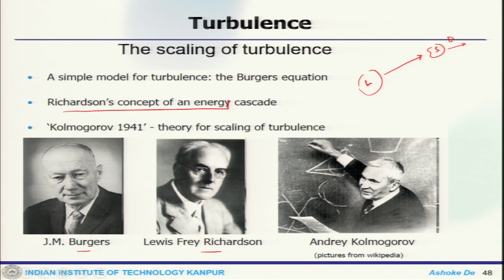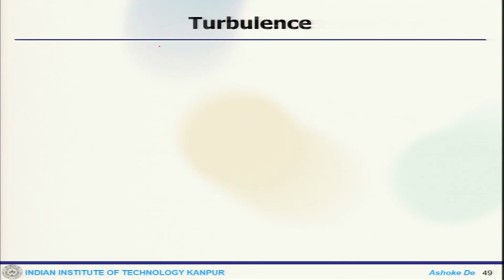Then the theory came in 1941 from the famous scientist Kolmogorov, who talks about the scaling laws. But the quantification started with the older scientist Burgers. That is why the equation is called the Burgers equation. So, we will look at the Burgers equation.